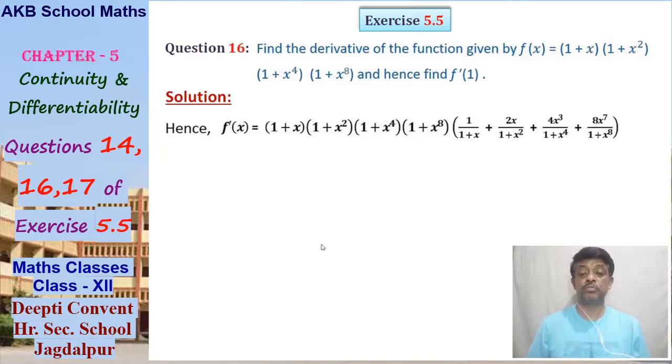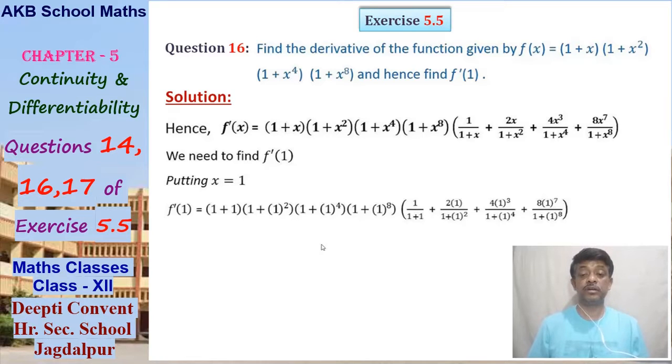Now we need to find f dash 1. So putting x equal to 1, in place of x put 1. Clear? So f dash 1 equals this.